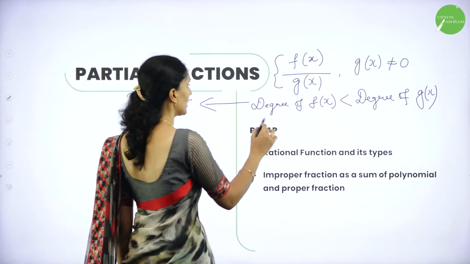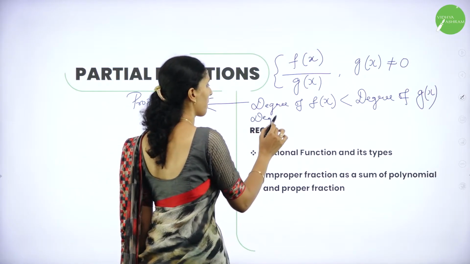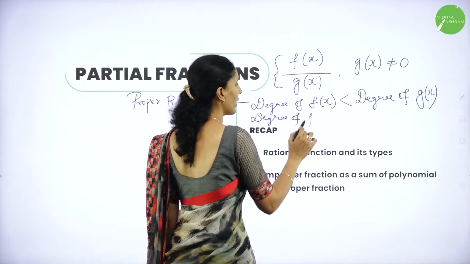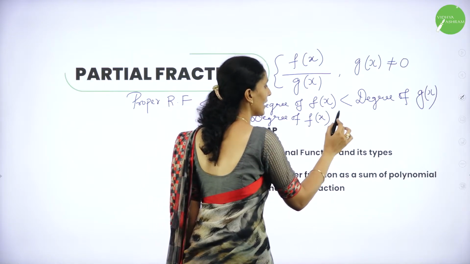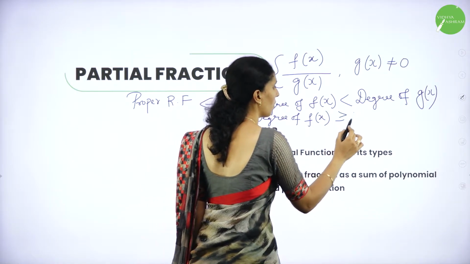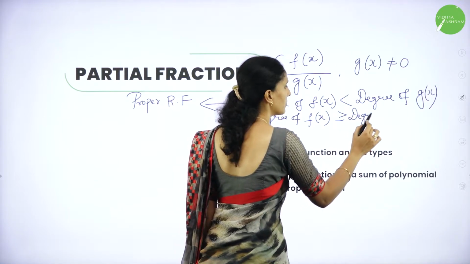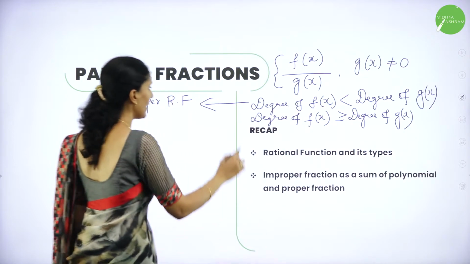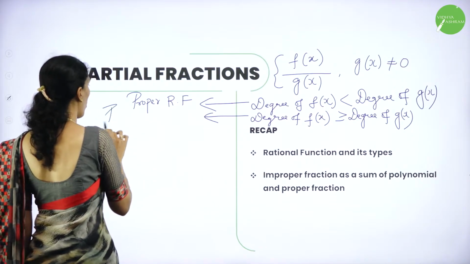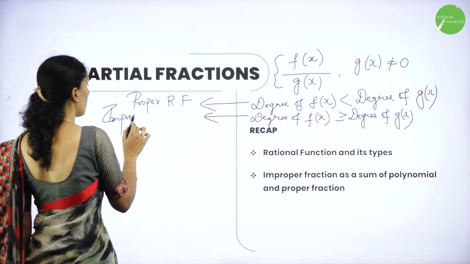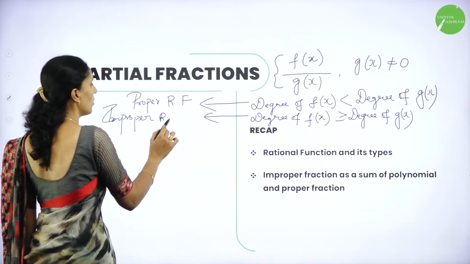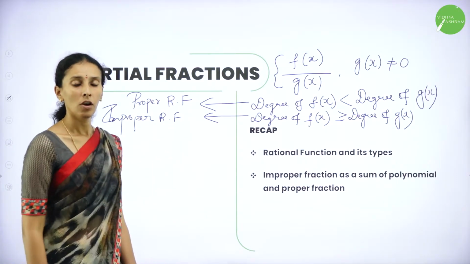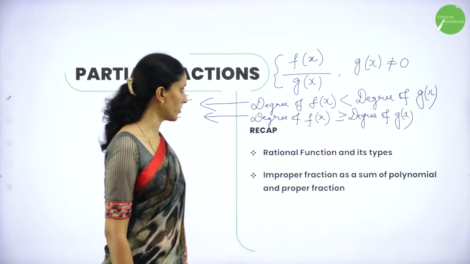And suppose the degree of f of x is greater than or equal to the degree of g of x, then it is called an improper rational function or rational fraction.